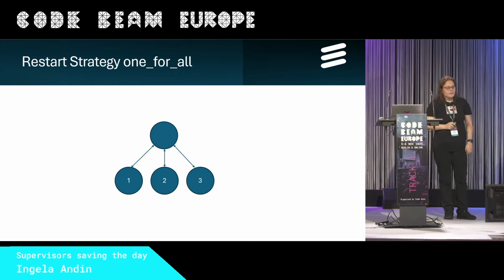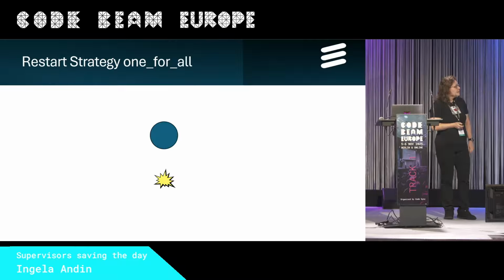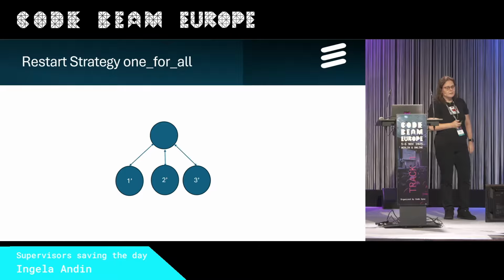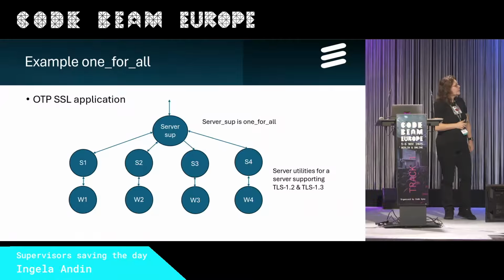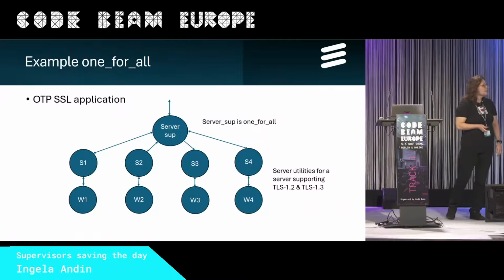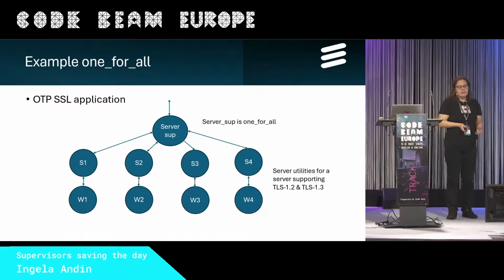And if we have the restart strategy one-for-all, and process 2 crashes, all the processes under that supervisor will be restarted. So a typical application of that could be an instance of a TLS server.